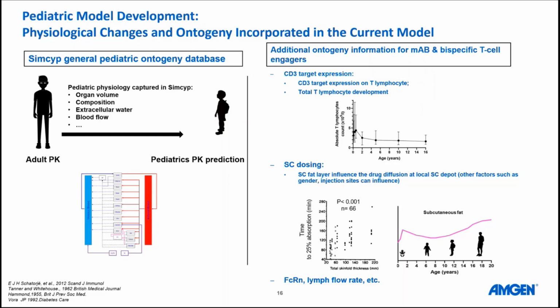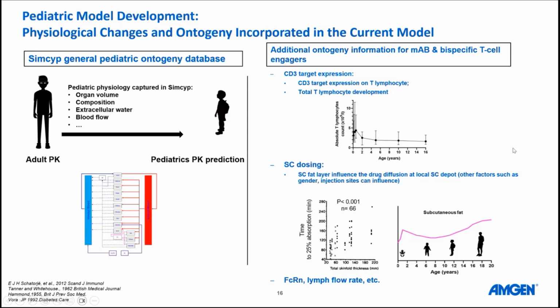Another set of information we included is specifically for bispecific T-cell engagers, for example, the CD3 target expression. It has been reported in the literature that the absolute T lymphocyte count can be relatively higher in pediatric subjects, especially those under 2 years old, compared to adults.